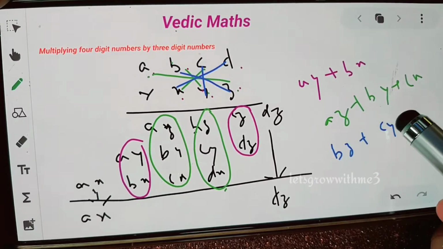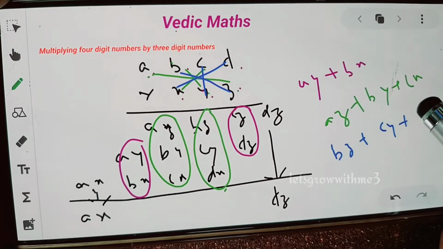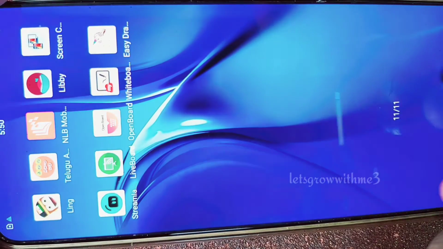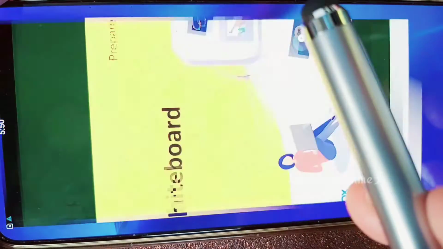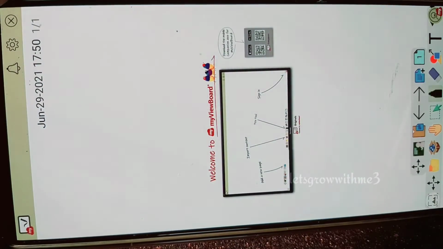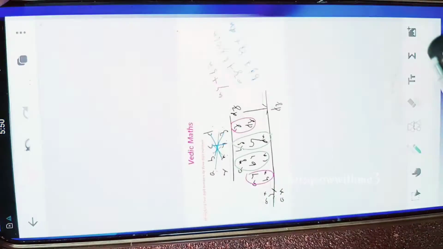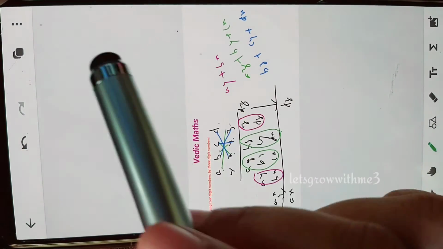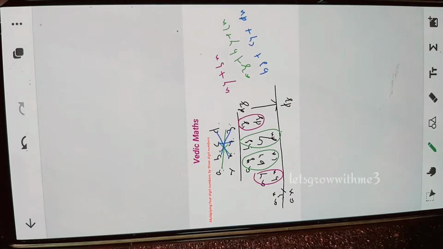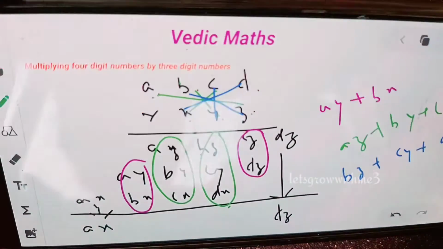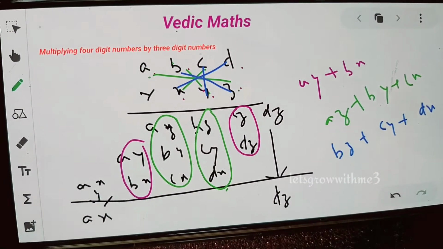One more time: we need to consider the 6 values a, b, c, x, y, z. Then we multiply crisscross and one straight, so it becomes az, cx and by.